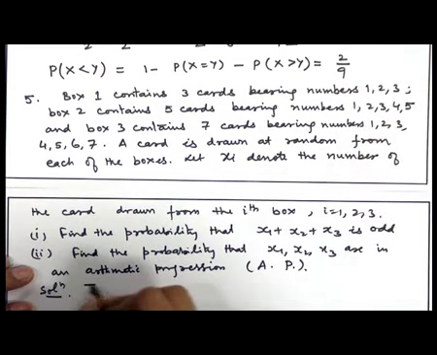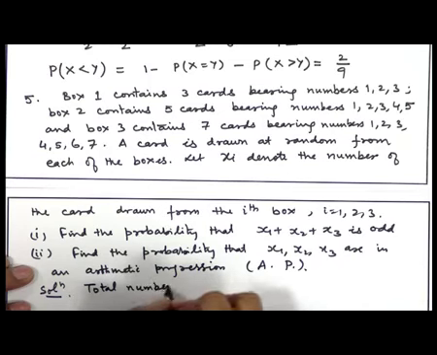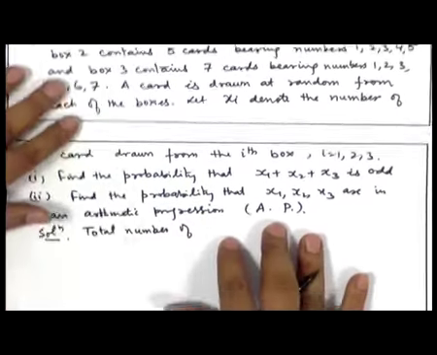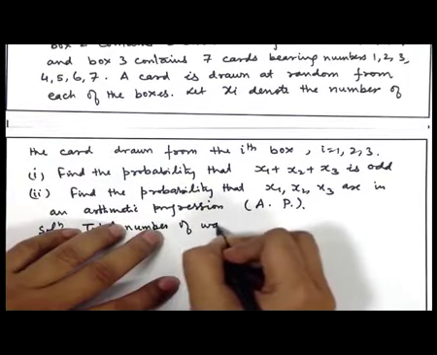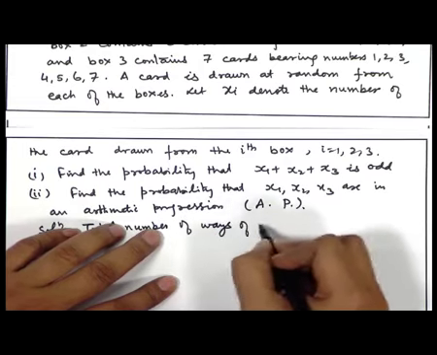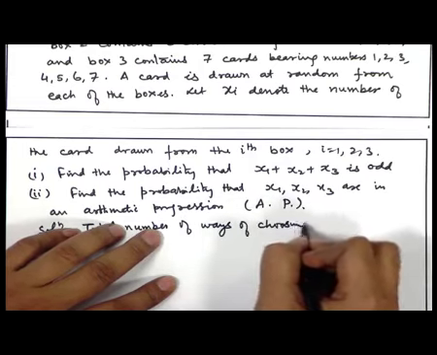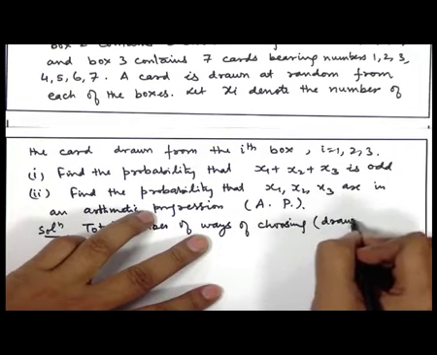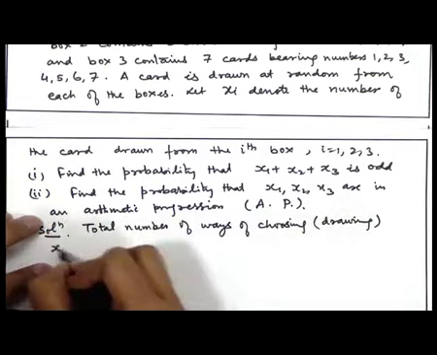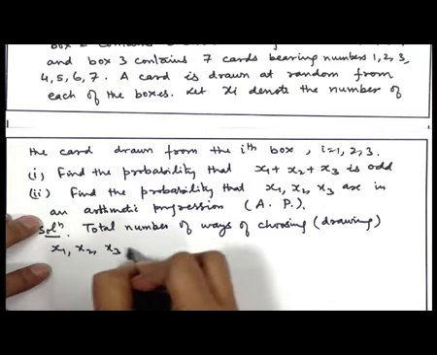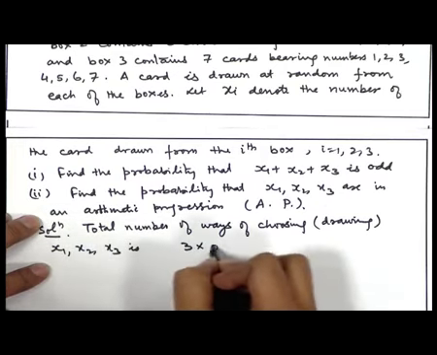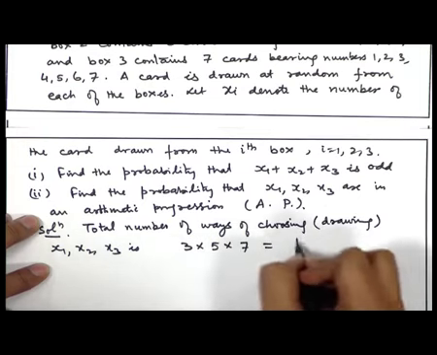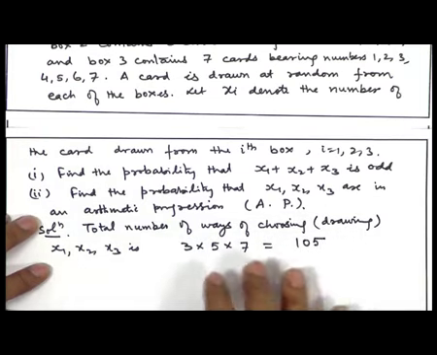So, the total number of ways of choosing or drawing the cards x1, x2, x3, that is 3 into 5 into 7, that is equal to 105.